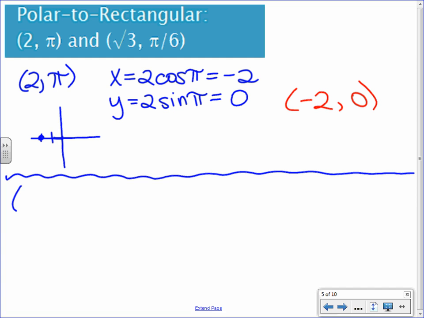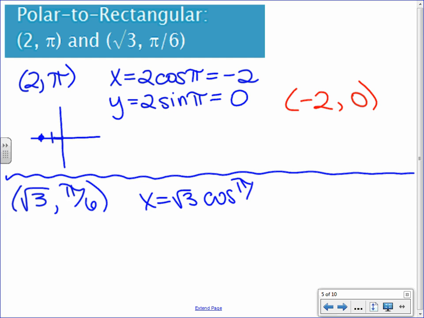Let's look at the next one. Radical 3, pi over 6. This one we definitely need our conversions. So x is r cosine of theta. What is the cosine of pi over 6? Radical 3 over 2 times radical 3.